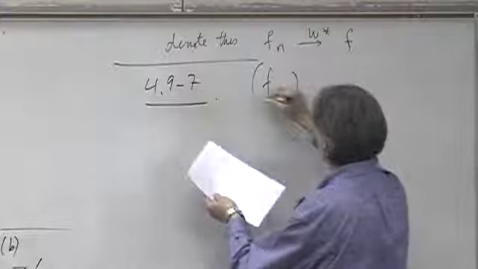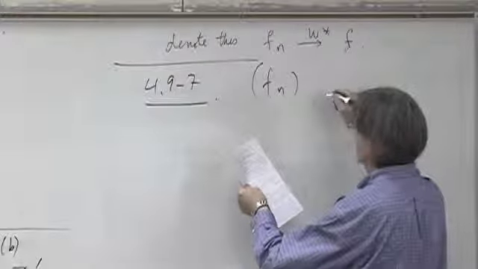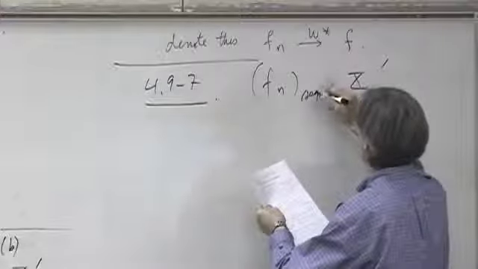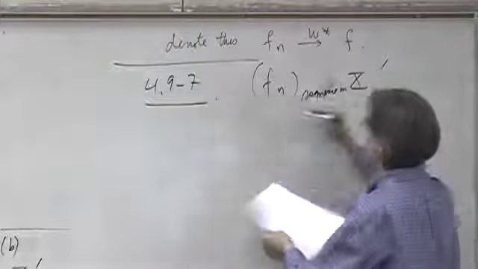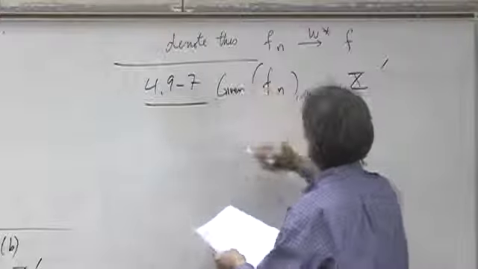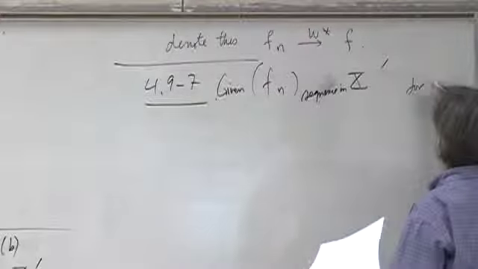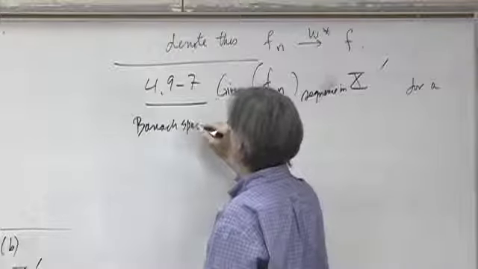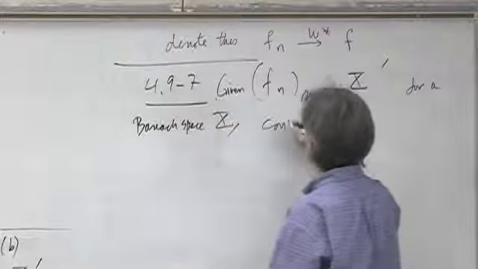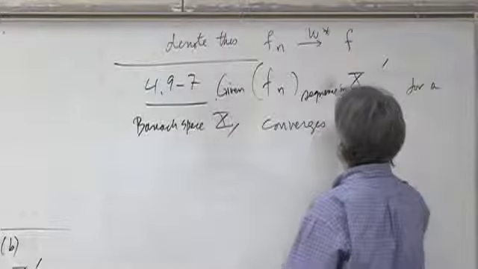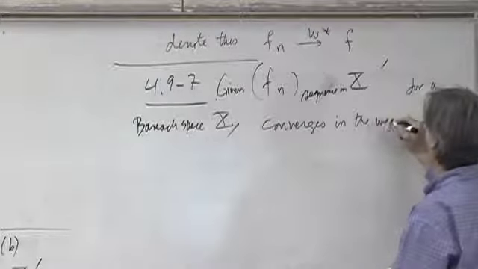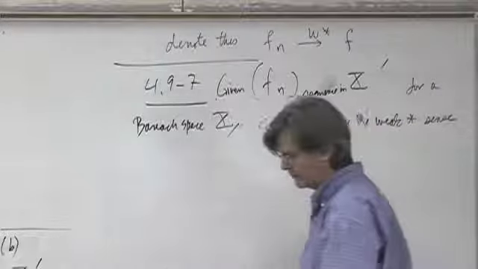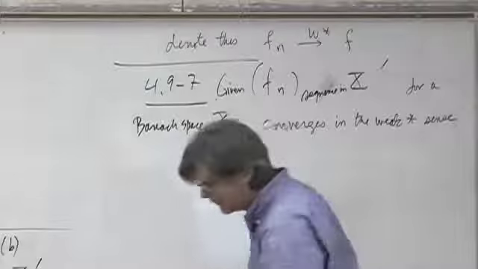Fn, a sequence in X prime, given a Banach space X, converges in the weak star sense, or is weak star convergent.